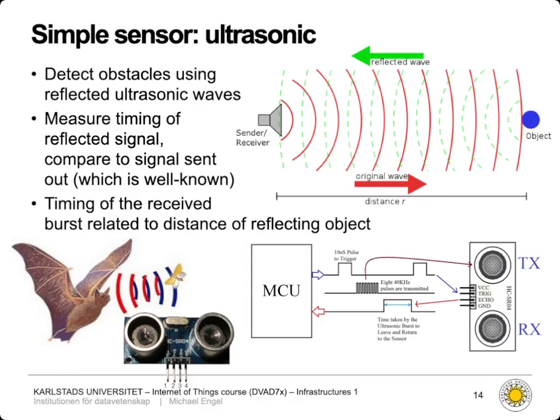The timing of this received incoming burst of signals is then related to the distance of the reflecting object. You can use this as an input to your routing algorithms to enable your robot to avoid obstacles. This might also be very useful for some sort of IoT devices, depending on what you're going to survey in your environment.